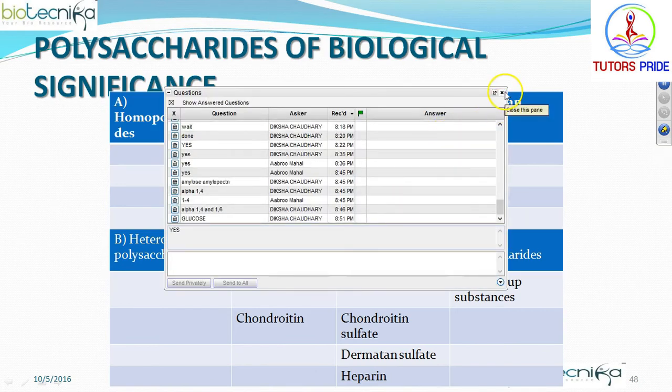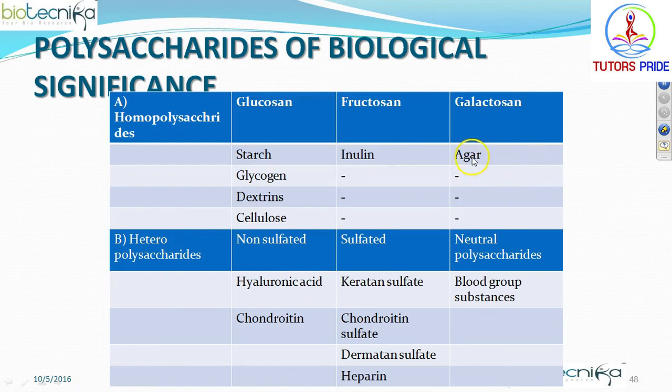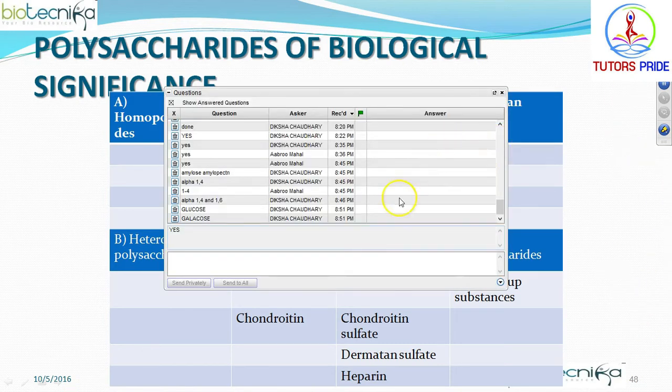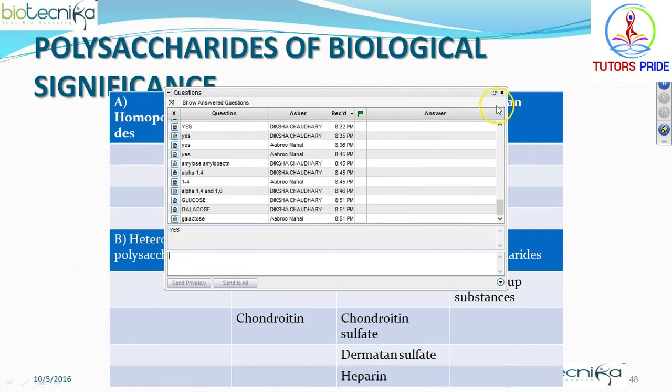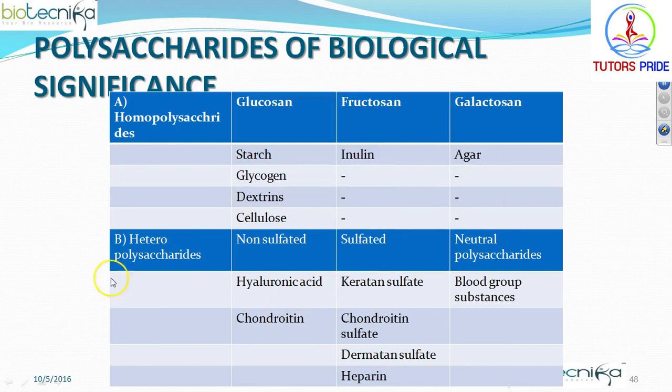See clearly. Agar is formed from which monomeric monosaccharide? Galactose. You are saying glucose? No, galactose. Very good.